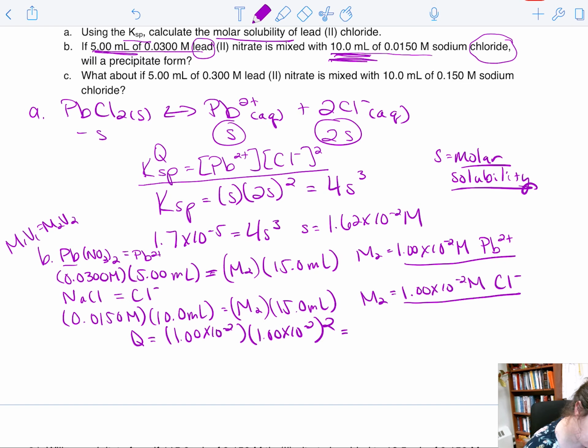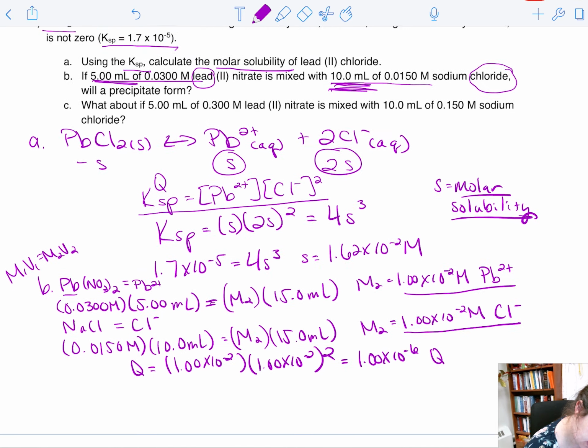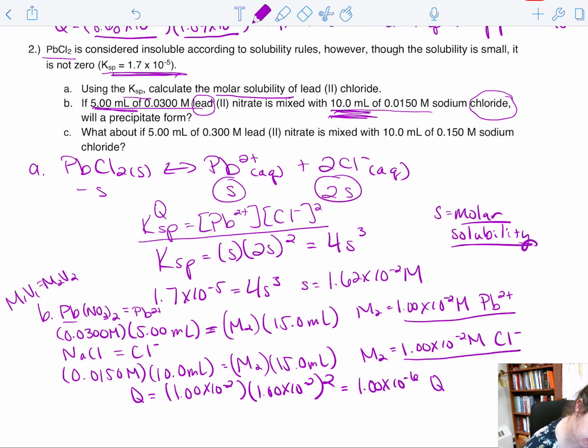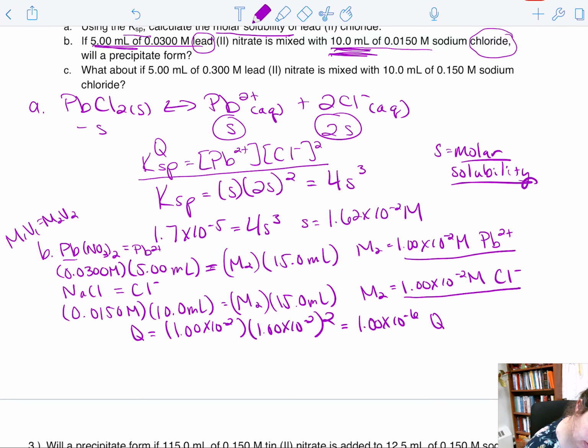This gives us a Q value of 1.00 times 10 to the negative 6, which means our Q is smaller than our Ksp. Therefore, we have no precipitate.